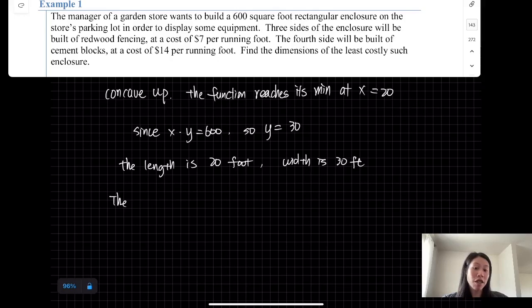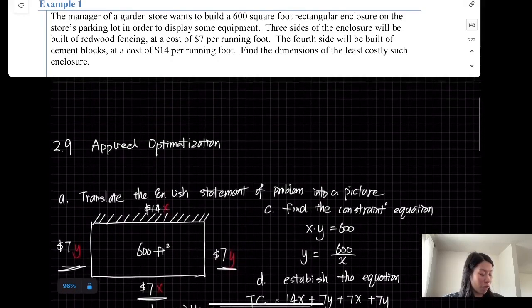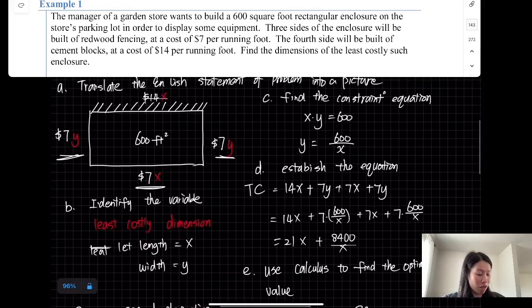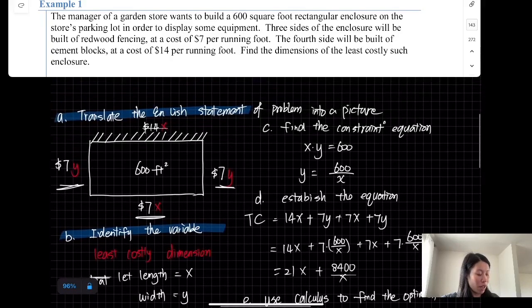So this is a good example to show you how to use these steps. We totally have 5 steps, right? You want to translate this into an English statement, and then the second step is you identify the variable, and then the third step is find the constraint function and try to use one variable to represent the other variable.